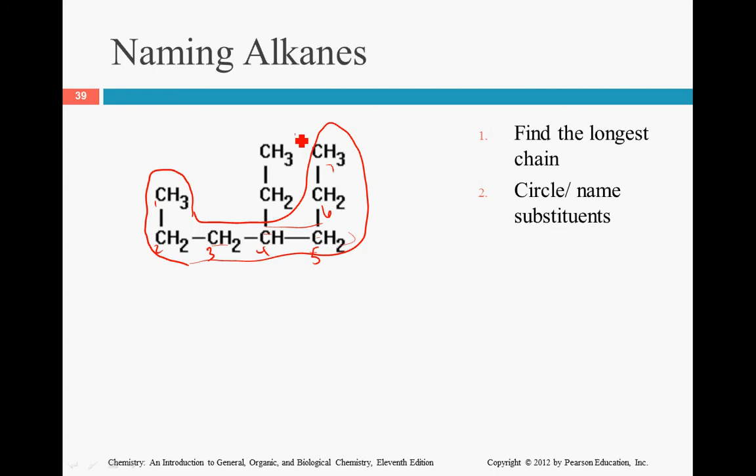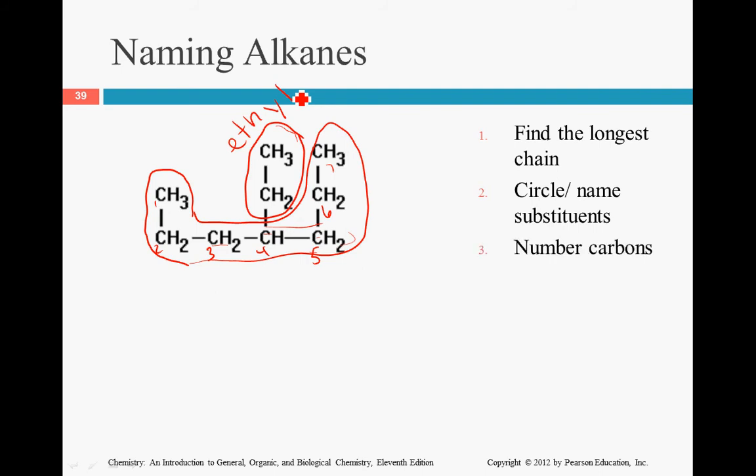This was not connected, it wasn't included in the longest chain. Whatever's not included in the longest chain, if it's not hydrogen, circle it because it's a substituent. So, the fact that it has 2 carbons there make it eth. Remember, if it's coming off the longest chain, it ends in YL, so it becomes ethyl.